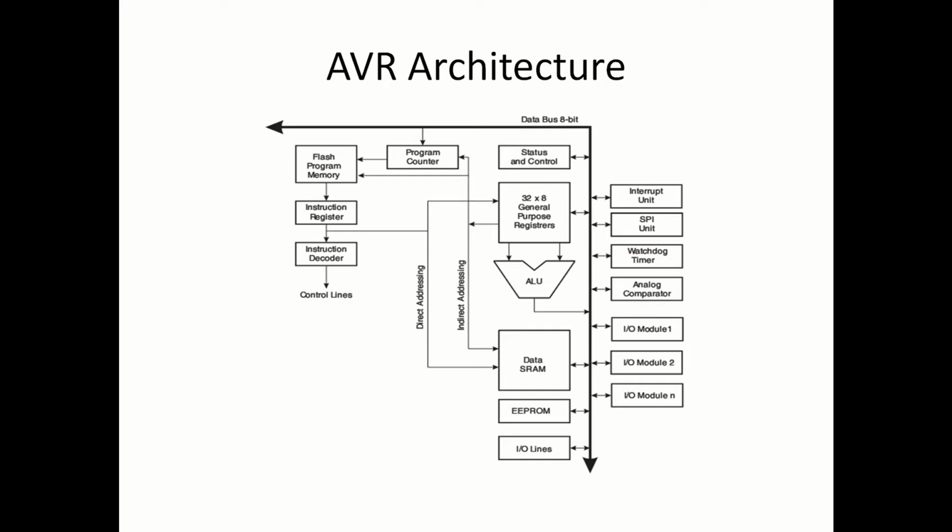So obviously your arithmetic and logic unit is 8-bit, and on chip it has static RAM, EEPROM and flash memory, and it has peripherals like serial peripherals, timers, A to D converters, analog comparators, and input output lines.